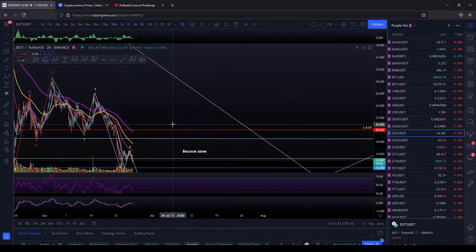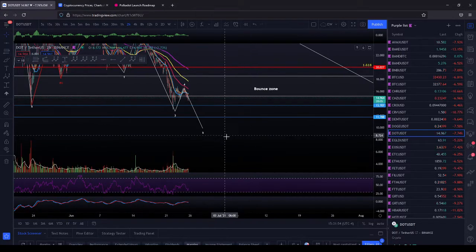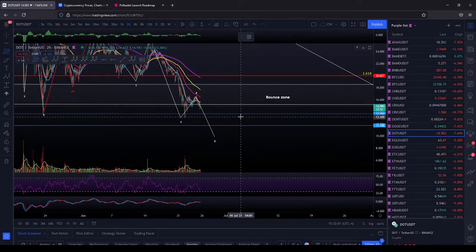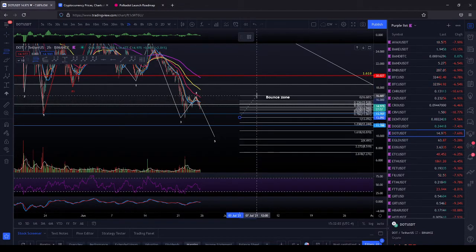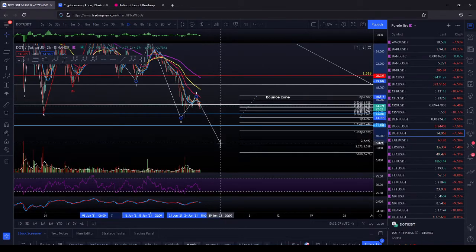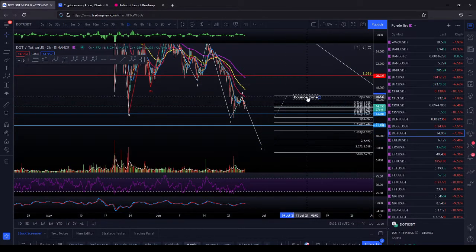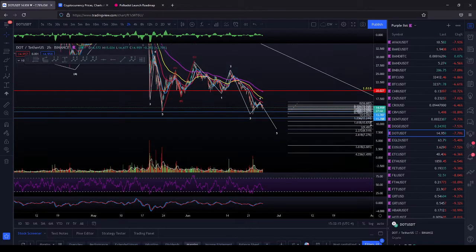Let's do the fib to see where we can expect a bounce here. Just move this here. $8.50. Any confluence? Let's remove this bounce zone here. Any confluence?